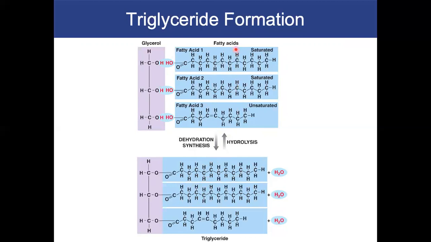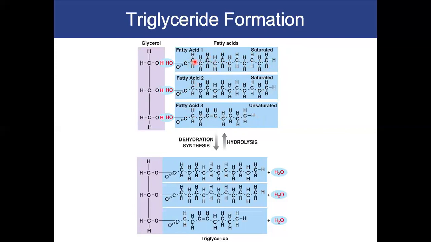Take a look at the top one. Notice the top picture says this fatty acid tail is saturated, this second fatty acid tail is saturated, and this third fatty acid tail is unsaturated. What the heck does that mean? If you go back to your chemistry, the carbon bound to the carbon bound to the carbon, notice those are all single bonds. That means each carbon is saturated with the maximum number of bonds, right?